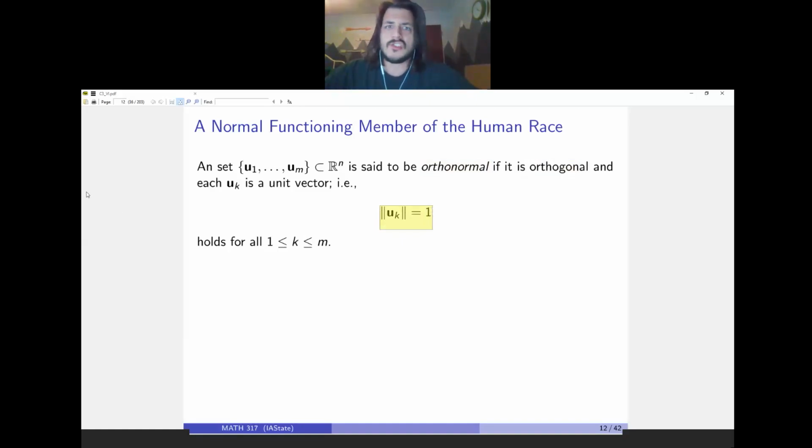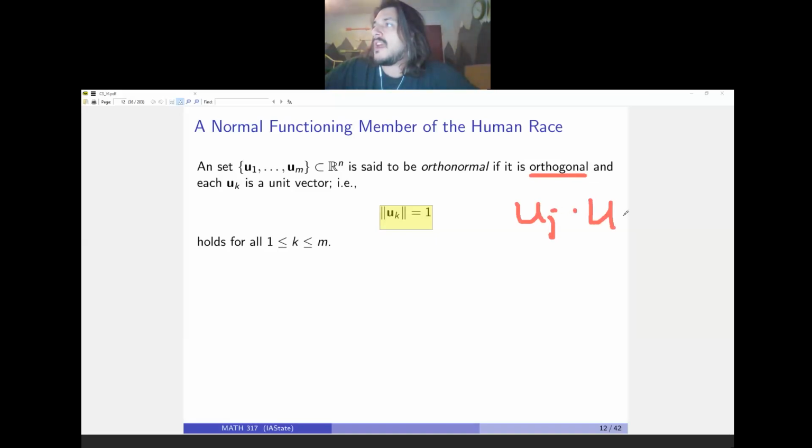They're unit vectors. So orthogonal means u_j dotted with u_k is 0, and orthonormal is orthogonal with an extra condition. The normal part is just asking for the dot product of each element with itself to equal 1.